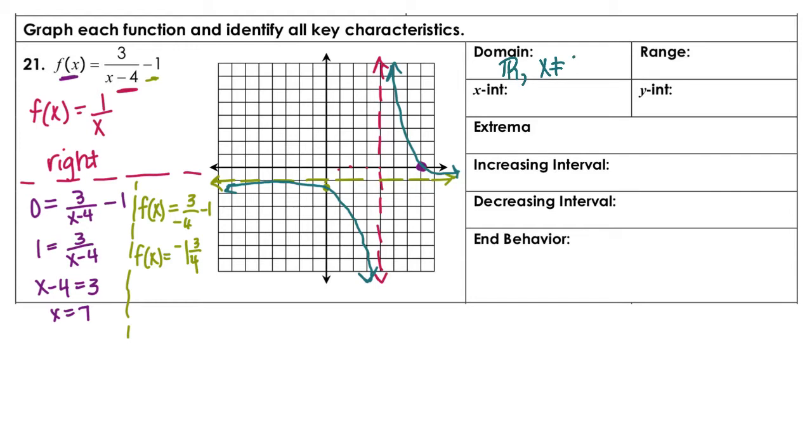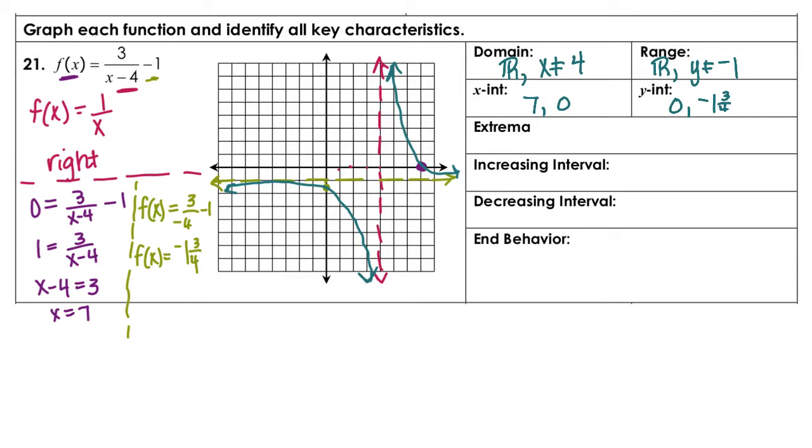So that's going to be except 4. Our range is going to be all real numbers except for, again, an asymptote, and that was at y equals negative 1. Our intercepts that we found, the x-intercept was at (7, 0), and the y-intercept was at (0, negative 1 3/4).